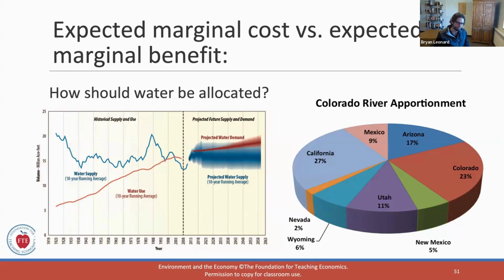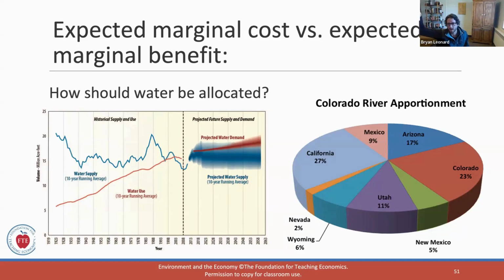And the Colorado River is a really interesting example because it turns out we have something called the Colorado River Compact that basically divides up the river among all of what's called the basin states that the Colorado River flows through, and you can see them in the pie chart over here.